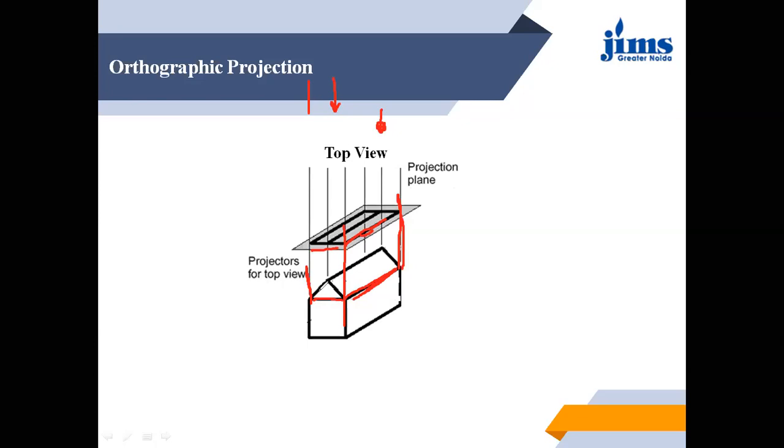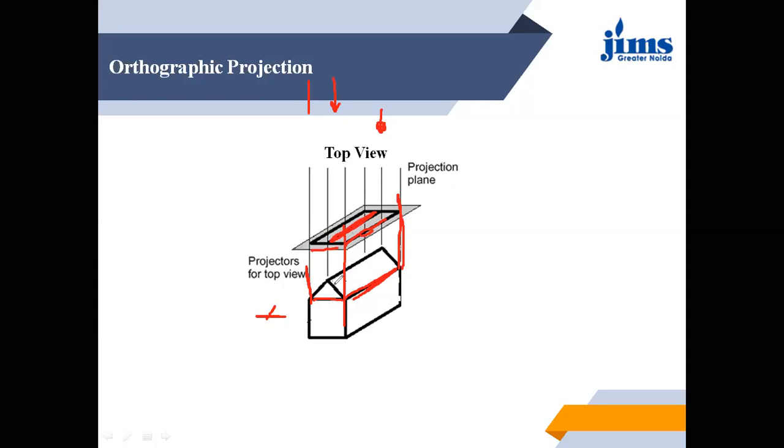When we see this from the top, it will not look like 3D. We will see that this is a flat surface, but as this is a line, this line will come in between. As you can see over here in this image, it will look like there is a line between this.